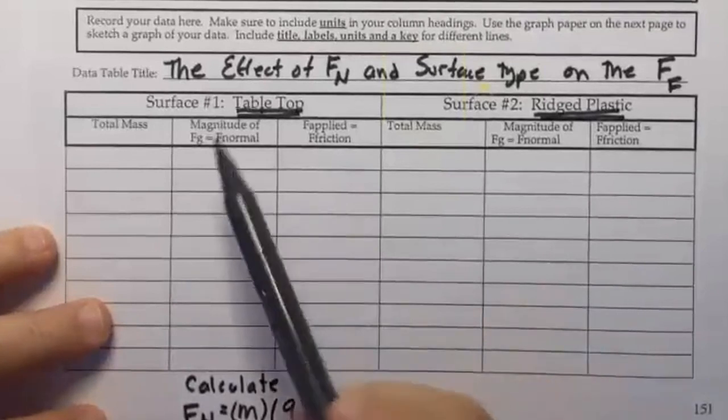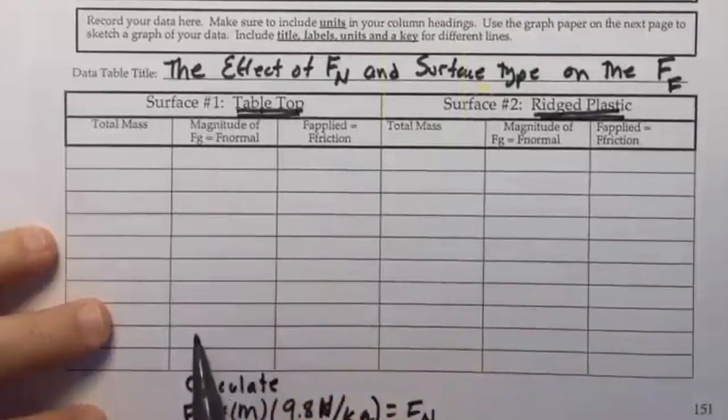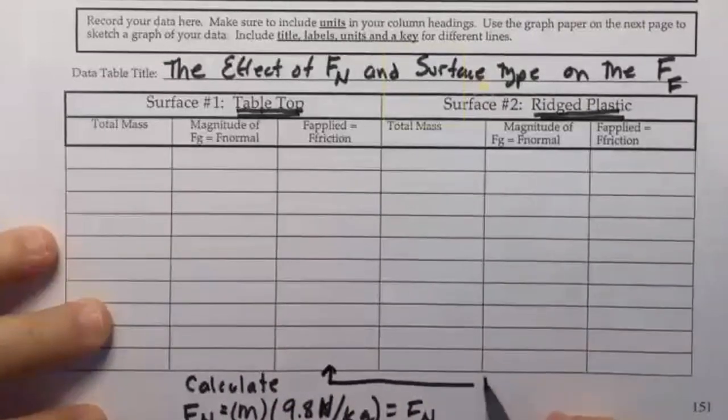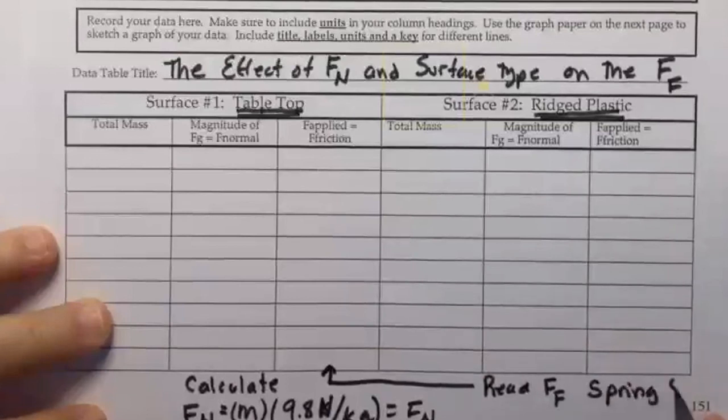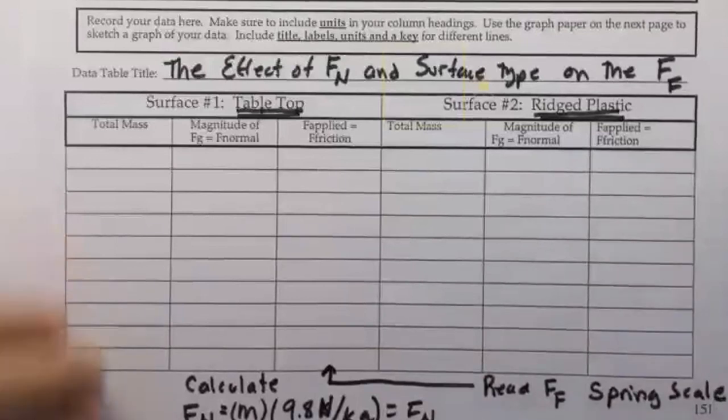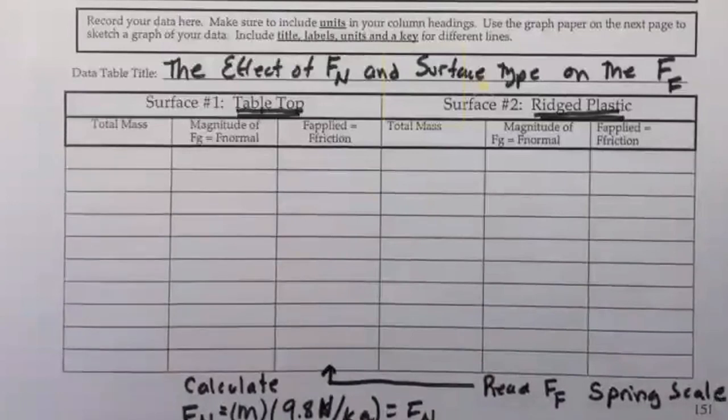So we can record that here in this column. And for our force of friction in this column right here, we're going to read the force of friction from our spring scale, because the force of friction's magnitude will be equal to the force applied that we pull with our spring scale. And now we're ready to gather our data.